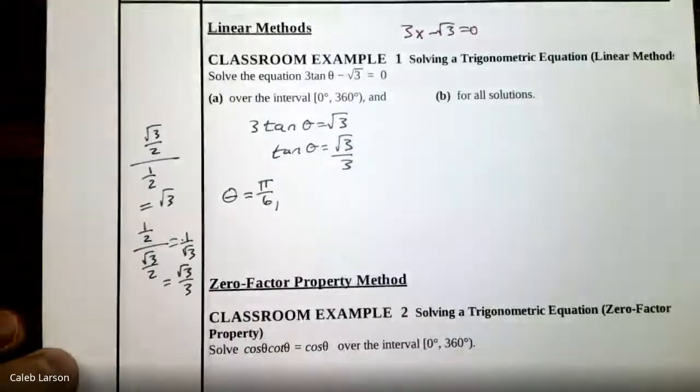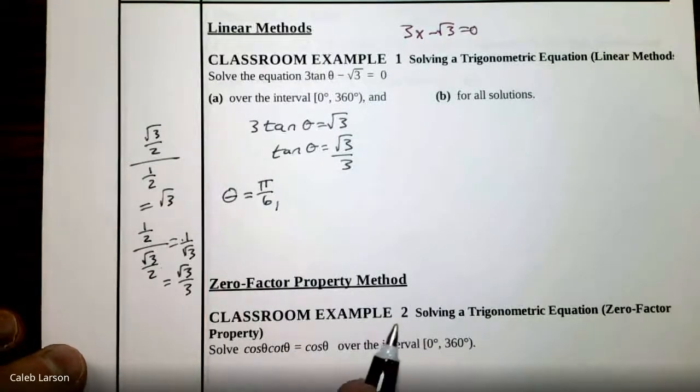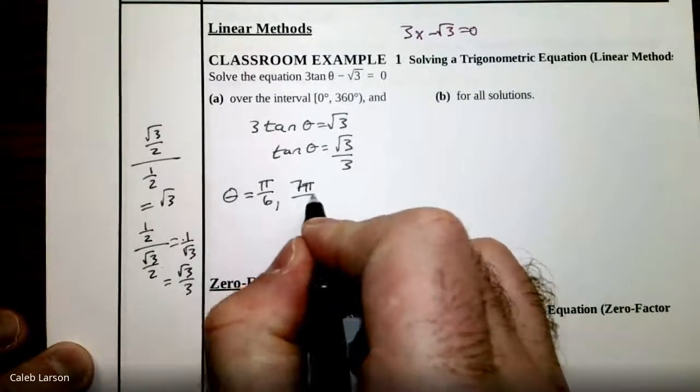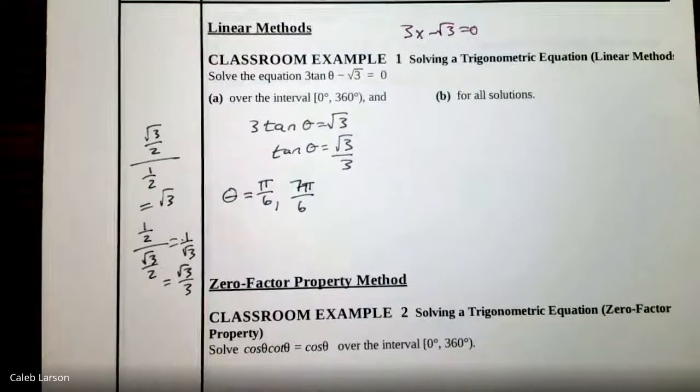And then in quadrant 3, where the sine is negative 1/2, we're going to have 7 pi over 6. Those are the two solutions that we would have to start with. Now, you could put that in degrees if you want to. It would be 30 and 210. That would be fine as well. But that's it.